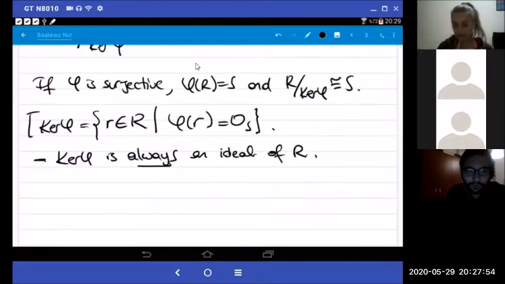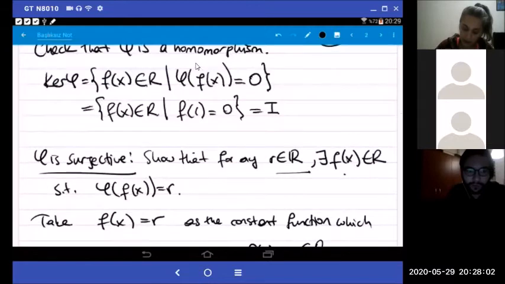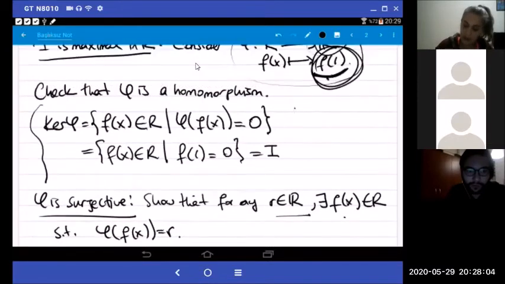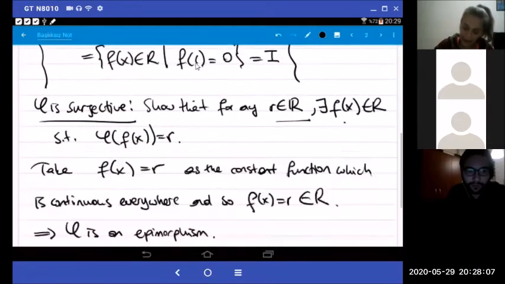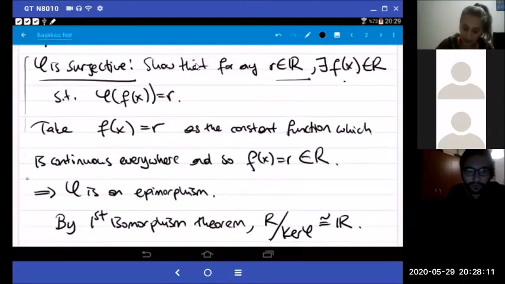Now for our question, we have found that the kernel here is I, and applying the first isomorphism theorem, we have shown that phi is an epimorphism.